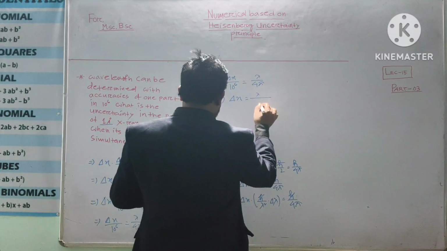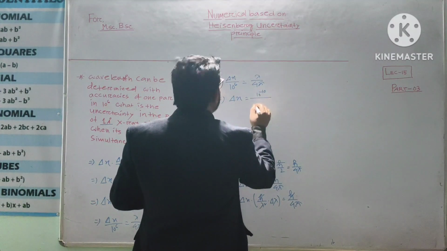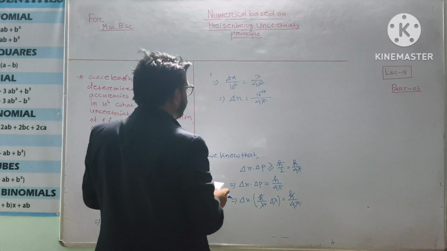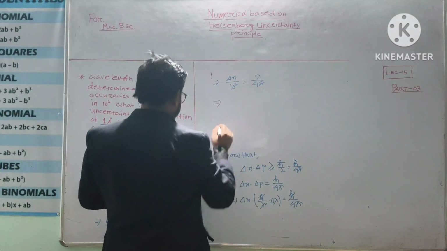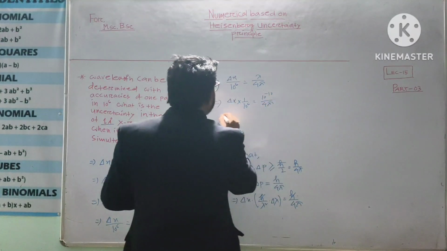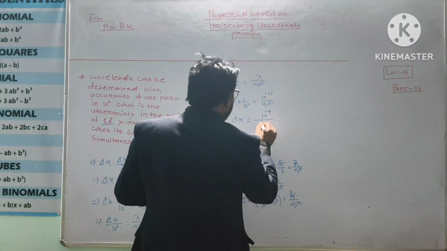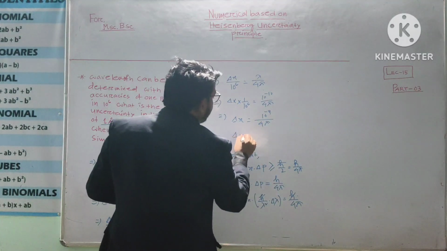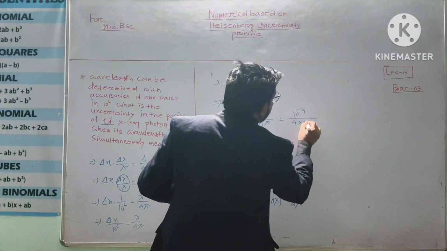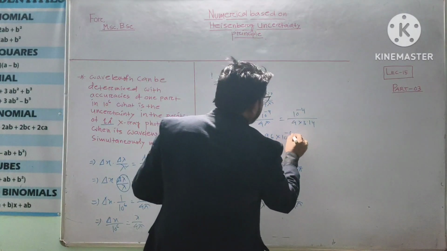Okay, λ = 1 angstrom = 10^-10 meter, divided by 4π. So Δx = 10^-4 × 10^-10... sorry, Δx divided by 10^-4 into 4π, and after solving this part, we can write 10^-4 × 4 × 3.14, and this is equal to 7.96 × 10^-6 meters.